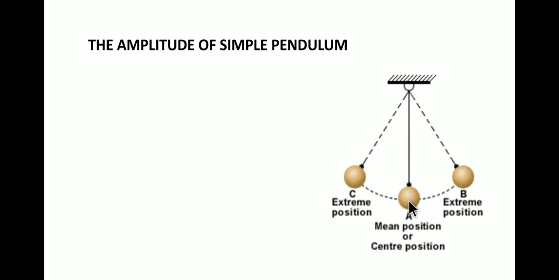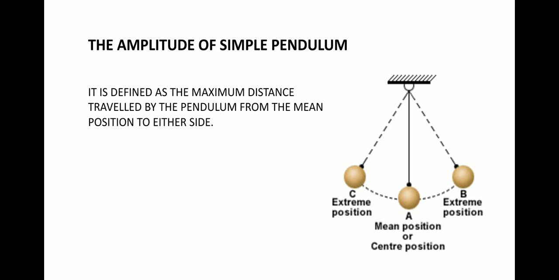The amplitude can be defined as the maximum distance traveled by the pendulum from the mean position to either side. This means that if A is the mean position, then from A to B, B is the extreme point. So either from A to B or from A to C, if the distance is measured, that distance will be called the amplitude.